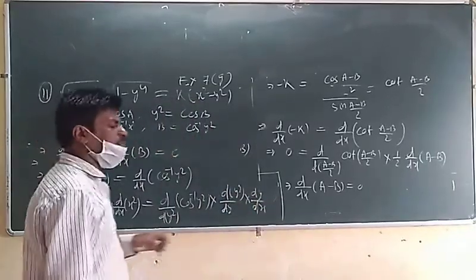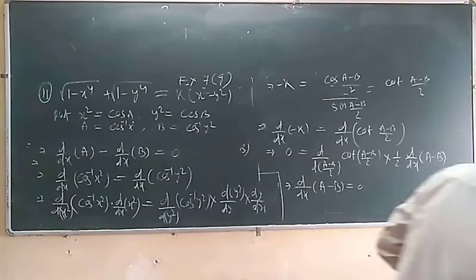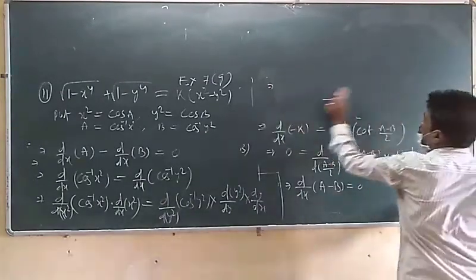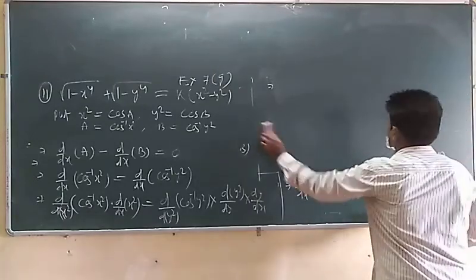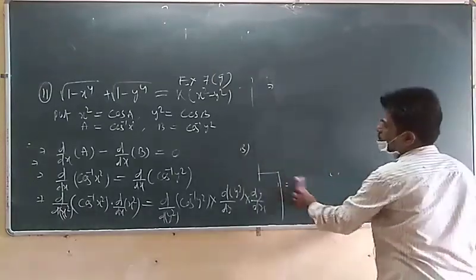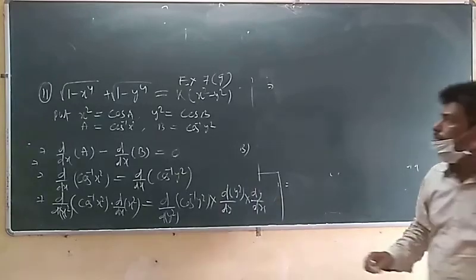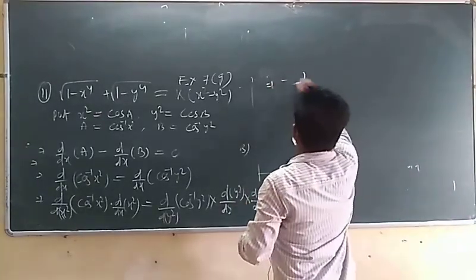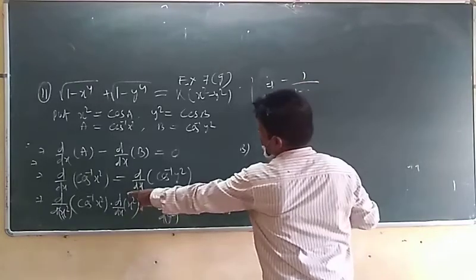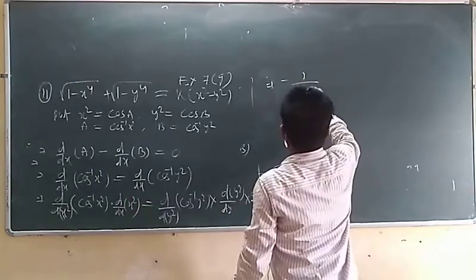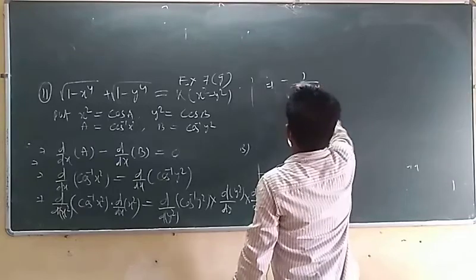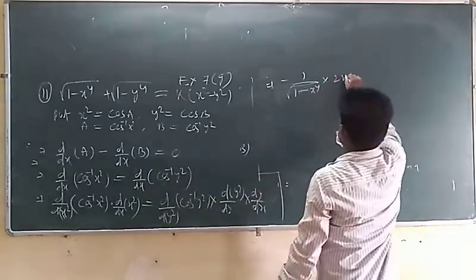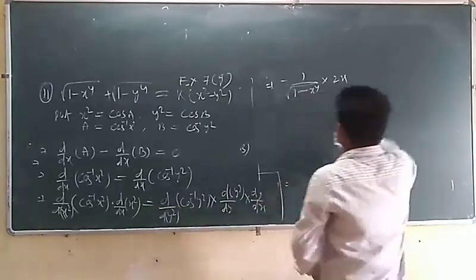Now the derivative of cos inverse t is equal to minus 1 by root over 1 minus t square. Here t is x square, so it is root over 1 minus x fourth, into the derivative of x square, which is 2x. That completes the left hand side.